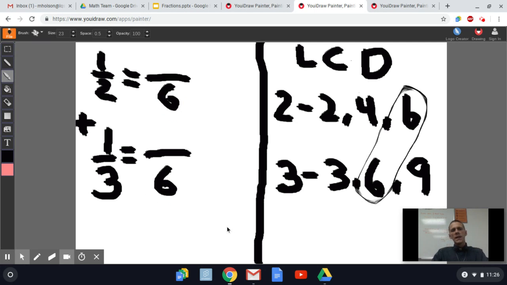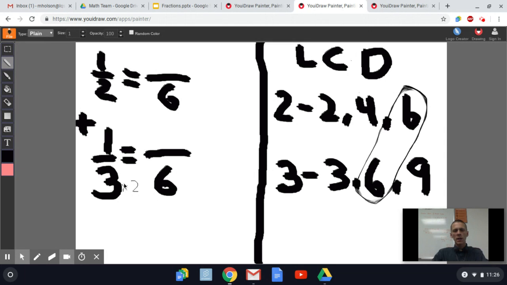Now, to find your top number, we can use a little bit of multiplication. Take a look here at the bottom. 3 times what number will get us 6? If you said 2, you would be right, because 3 times 2 is 6.